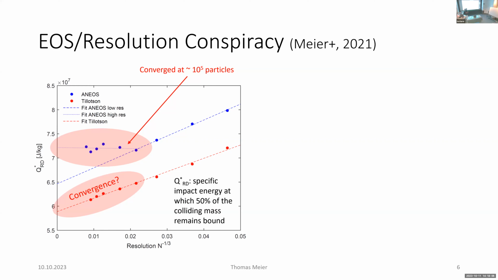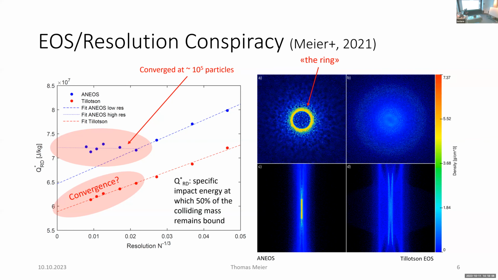And we found the reason for that, again, in the equation of state. Once we start to resolve a given feature, in this case this ring that is formed by the iron cores that collide, they form this ring, and then it collapses again.